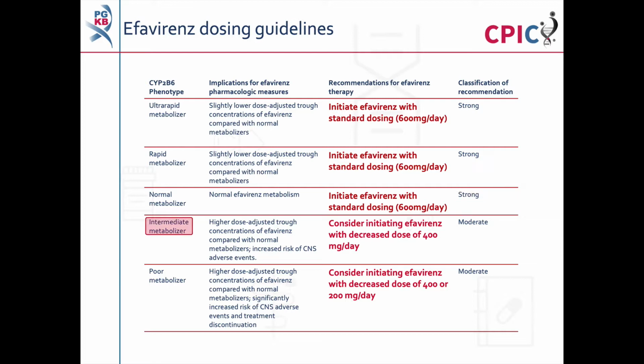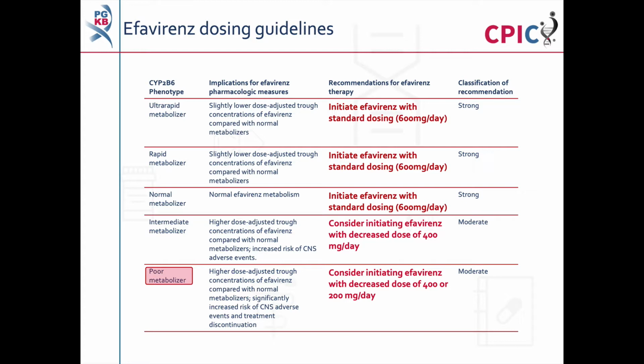Patients with the CYP2B6 intermediate metabolizer phenotype will have increased dose-adjusted trough concentrations of efavirenz compared to normal metabolizers and may also be at an increased risk of side effects. A dose reduction should be considered when initiating efavirenz therapy in these patients. This is a moderate recommendation.